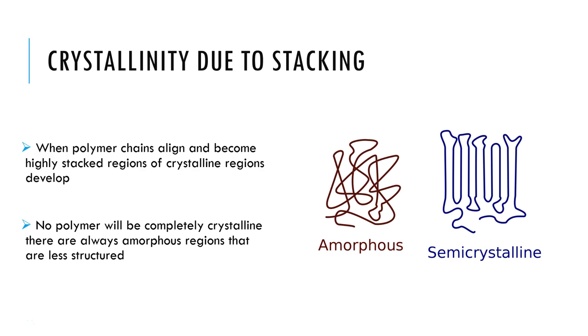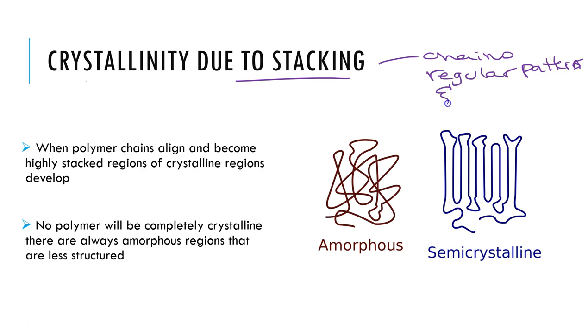So what we tend to see when we have high amounts of stacking, so the chains being able to form regular patterns and get close to each other, is that we see crystallinity. Okay, so we get higher regions of clarity in our polymers, and we can get more rigidity.